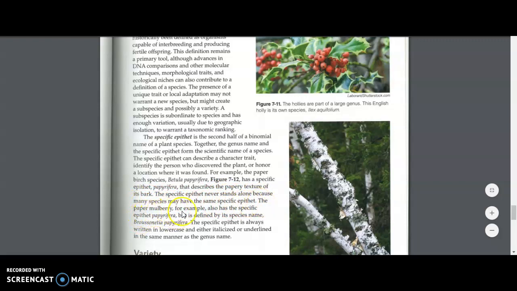The paper mulberry, for example, also has a specific epithet, papyrifera, but is defined by its species name, Broussonetia papyrifera. The specific epithet is always written in lowercase and either italicized or underlined in the same manner as the genus name. And that answers number 9.